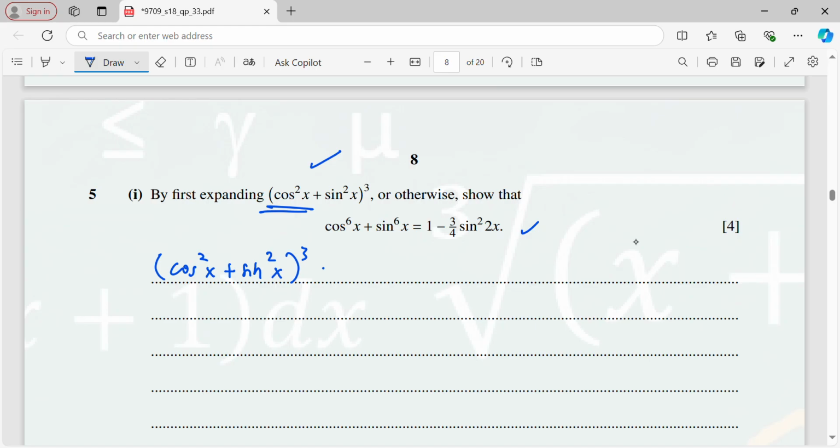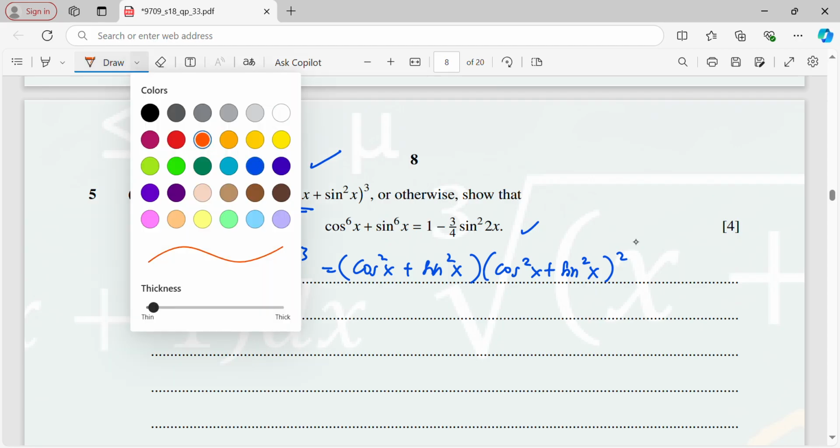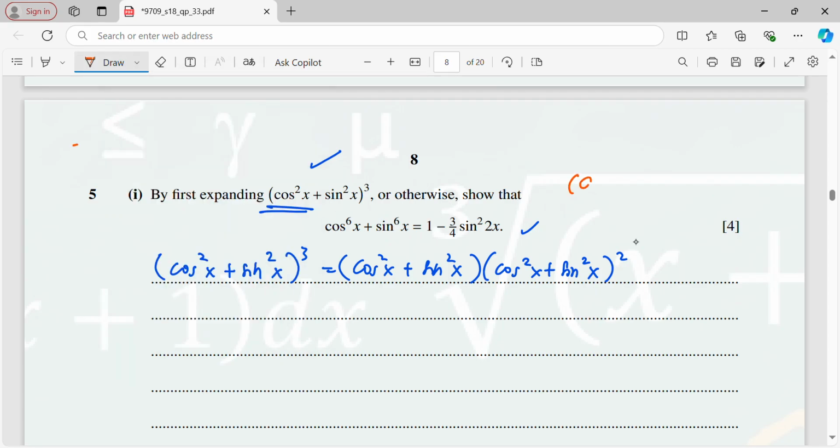This cube I will change to cos square x plus sin square x, degree 1, multiplied with degree 2. For the second expansion, I will have to use quadratic expansion here. Square of a plus b is a squared plus 2ab plus b squared.